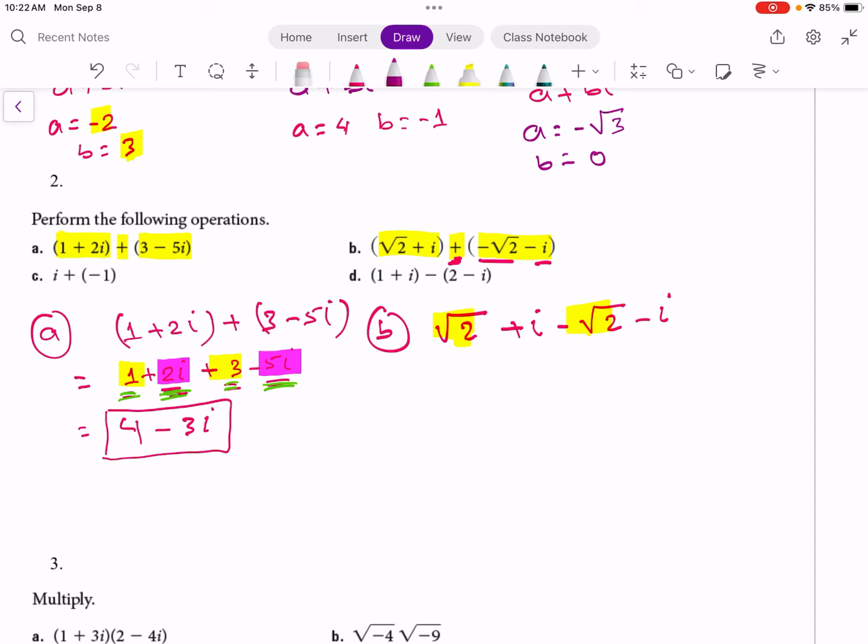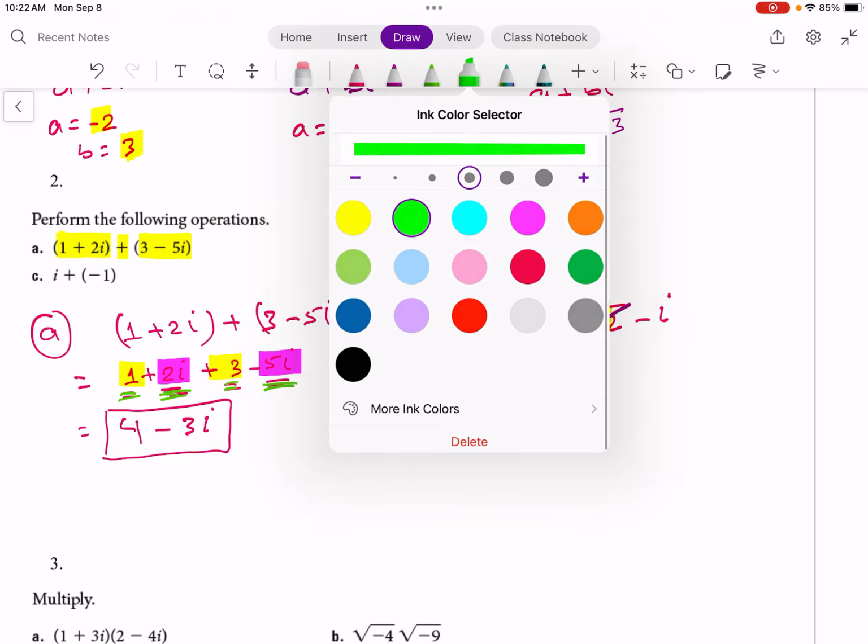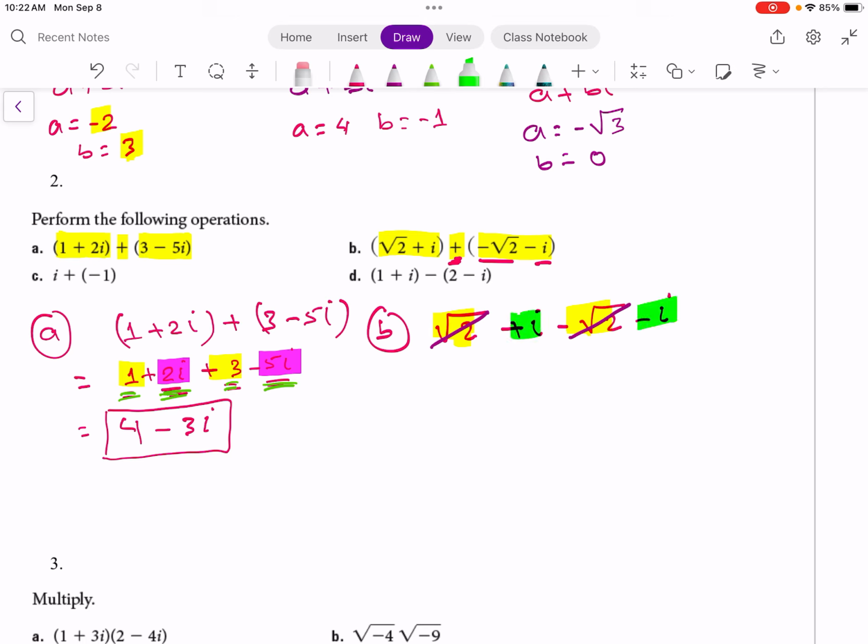Positive root 2 and negative root 2 is 0, right? The imaginary parts are positive i and negative i, and that is also 0. So you are adding like terms. Every time you are adding, multiplying or subtracting, you are working with like terms.